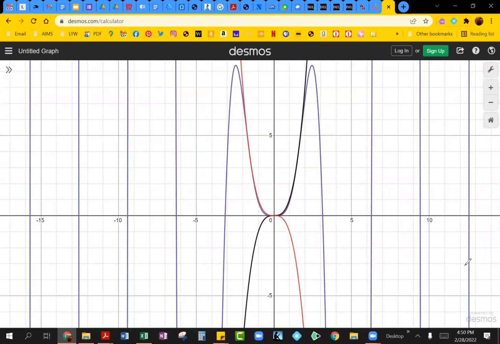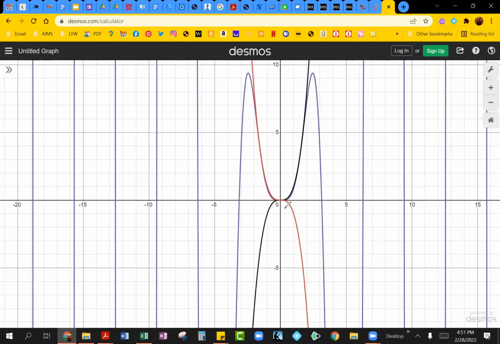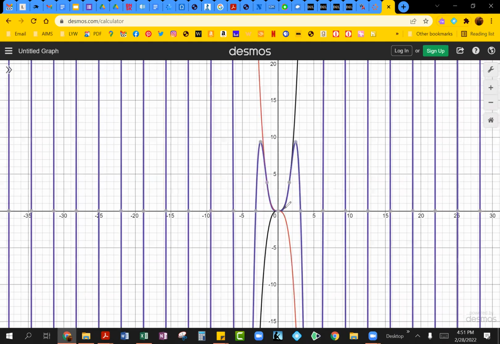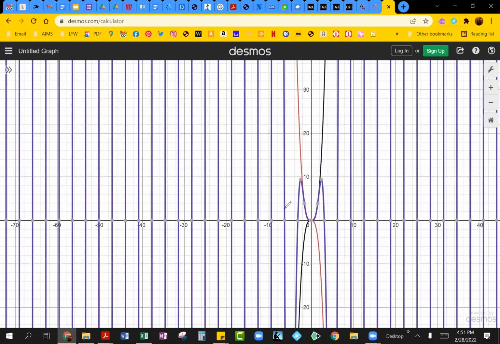Which is that graph in red. And you will see how over here, this part of your sine curve is getting bounded by the positive and the negative x to the third power. And then let's go ahead and zoom out so we can see a little bit more.